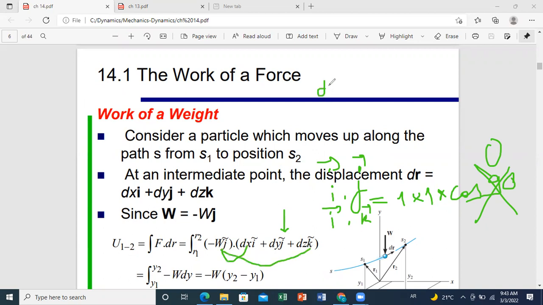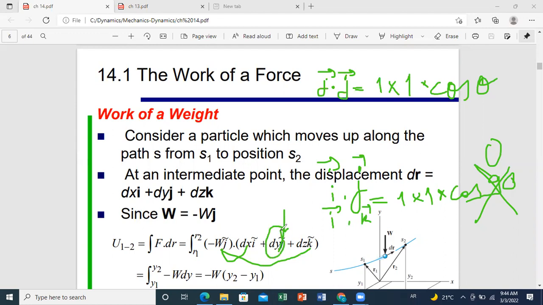However, j dot j is what? What is the dot product of a unit vector with itself? Yeah, it's 1, because it's the magnitude of j times the magnitude of j times cosine 0, and cosine 0 is 1. So j dot j is 1. And then I can say that when I have the weight, I just care for the variation in y.